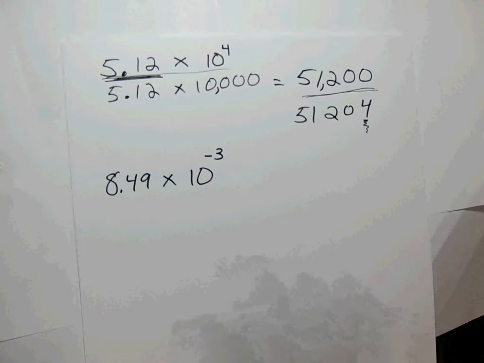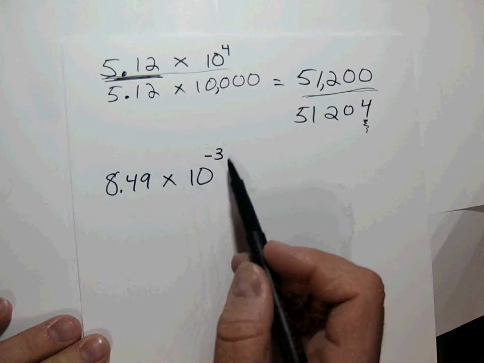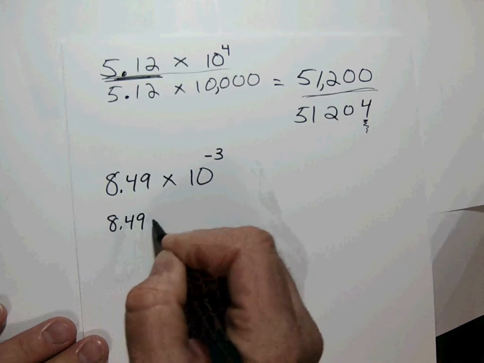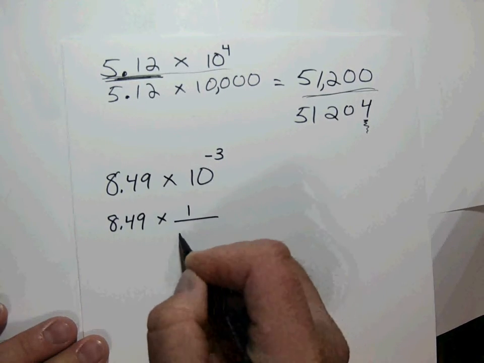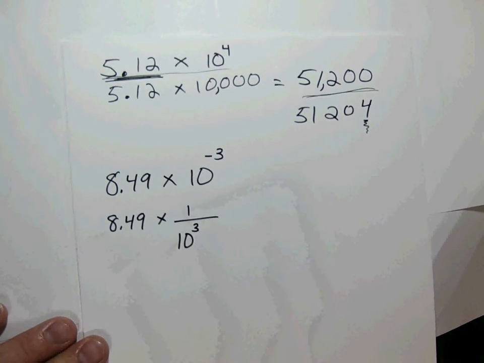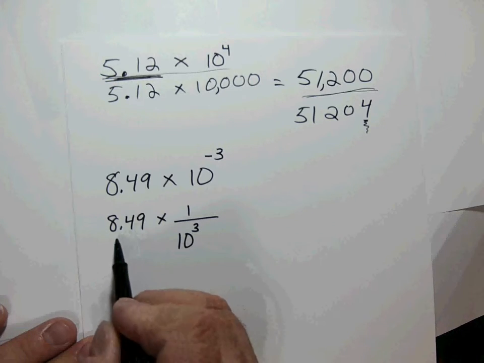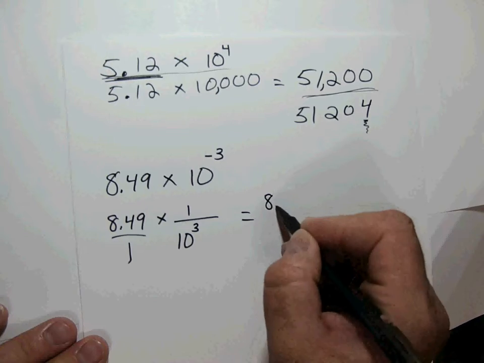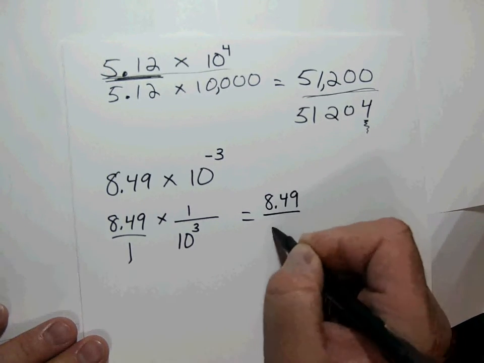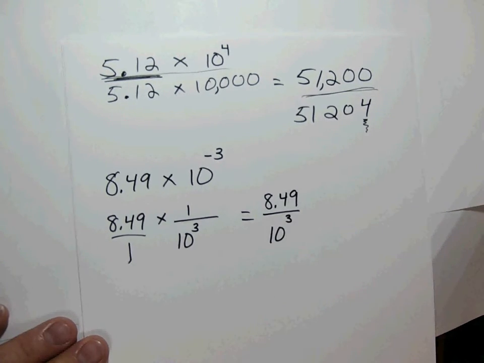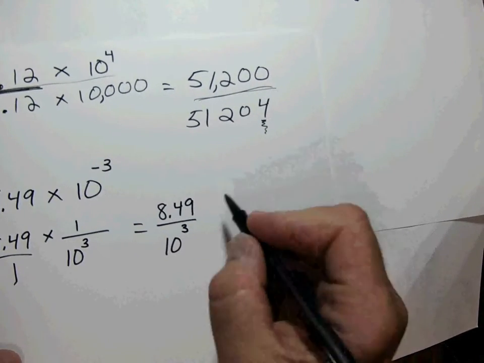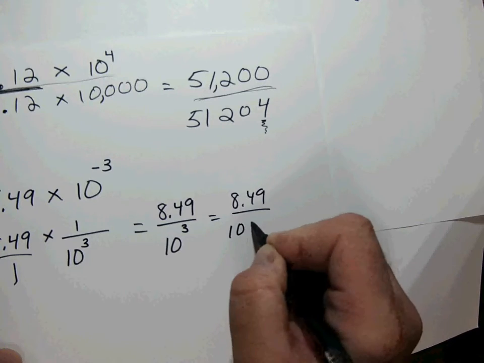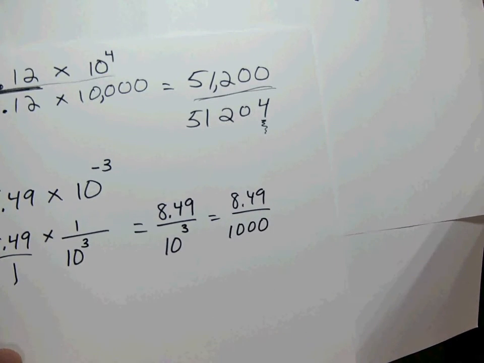So what does this mean? If we kind of expand it out, we know what that negative 3 exponent means. It really means 8.49 times 1 over 10 to the positive 3. That's what it means, right? And if we think fractions, I've got a fraction times a fraction there, which is really 8.49 divided by 10 to the 3rd power. And if we really expand it out, that would be 8.49 divided by a 1 with 3 zeros, which is 1,000.